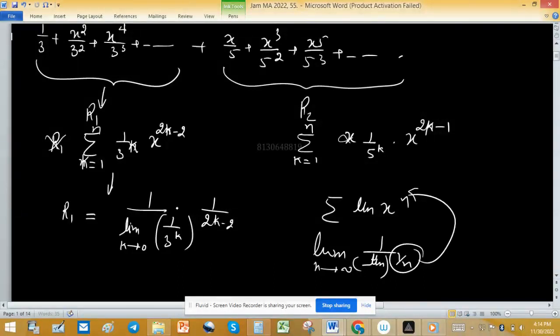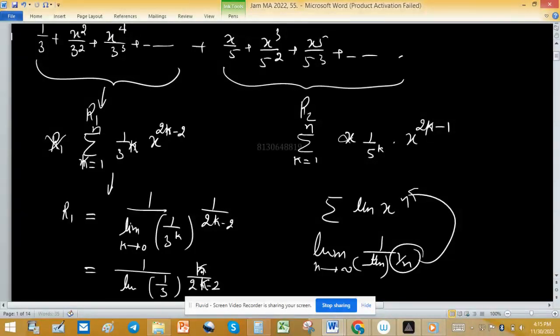So the simplified form of this expression is 1 upon limit of 1 upon 3 raised to the power k upon 2k minus 2.